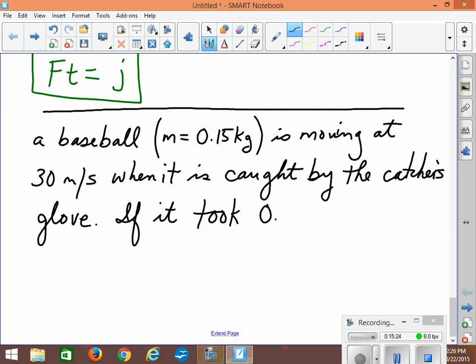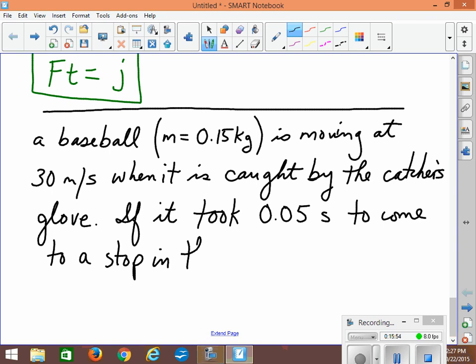If you ever watch a ball get caught by a glove, it's moving very fast, and then almost in an instant it goes from 30 meters per second to 0. So we're going to make this a very small number so it can stay realistic. We're going to say 0.05 seconds, very quickly, to come to a stop in the glove.